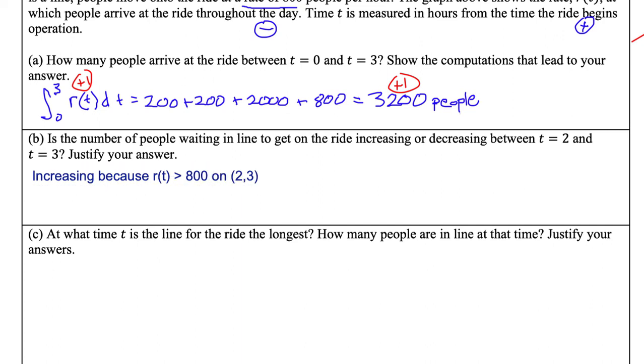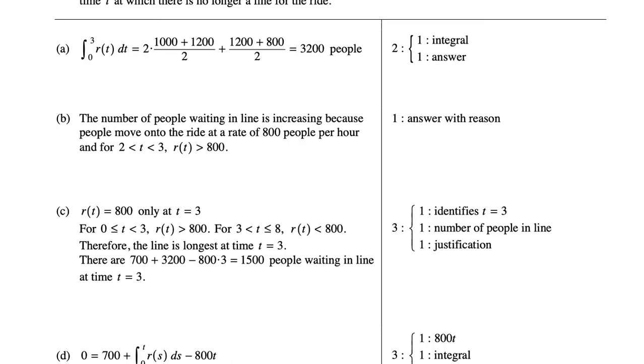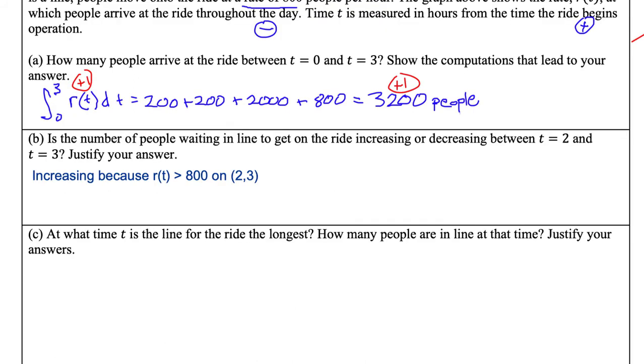That's, I think, all you have to say. Let's see how the scoring guide says it. Yeah, they say almost the exact same thing. R of t is greater than 800 between 2 and 3. And they also say that negative rate is 800. That's why we're choosing 800 here. If you say r of t minus 800 is greater than 0, that's beautiful. That also works.